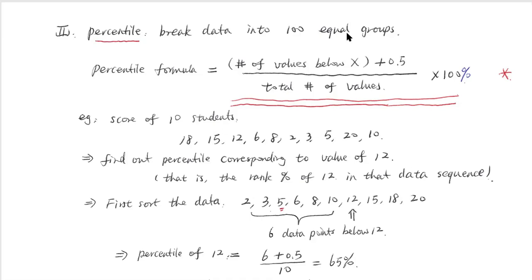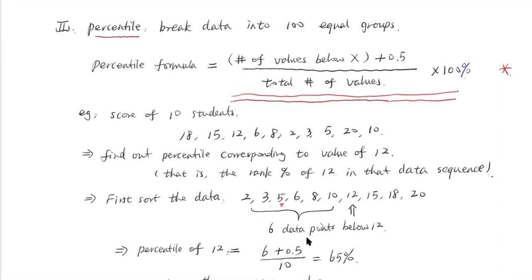Okay. The trouble here is, what if you don't have 100 data points? Say you have 10 data points, like this example here, 10 students. Out of those 10 exam scores, I just randomly choose one person here, for this one.